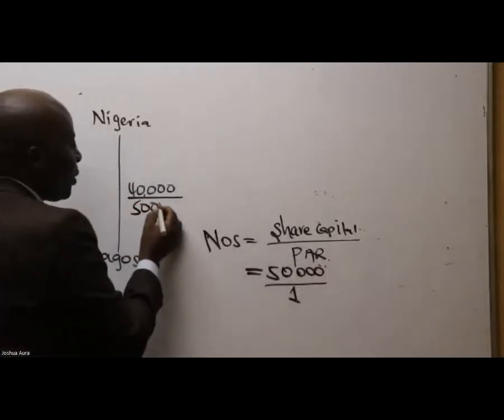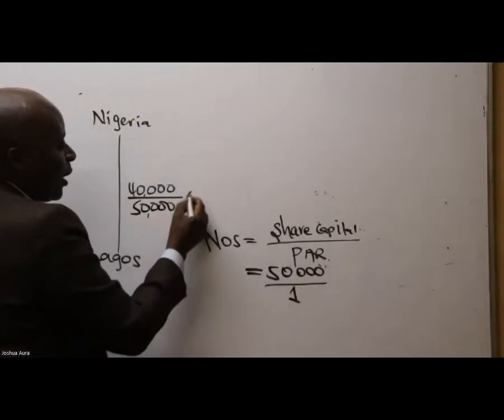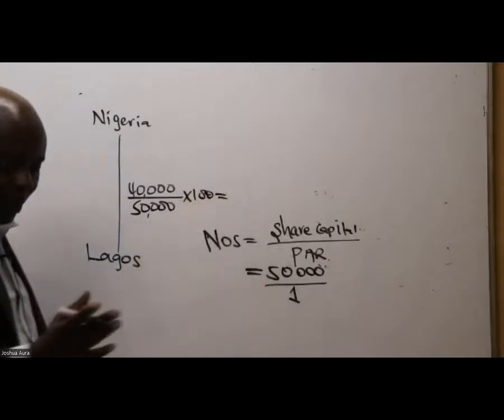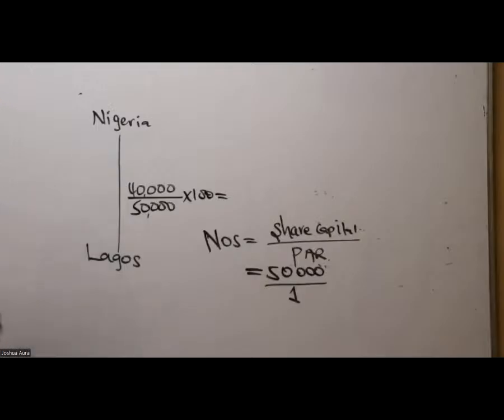Then 40,000 divided by 50,000 times 100. What shareholding is this in terms of percentage? Please give me the figure. Nimrod is telling me 80%.